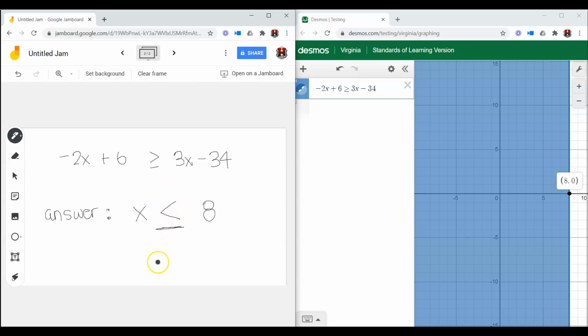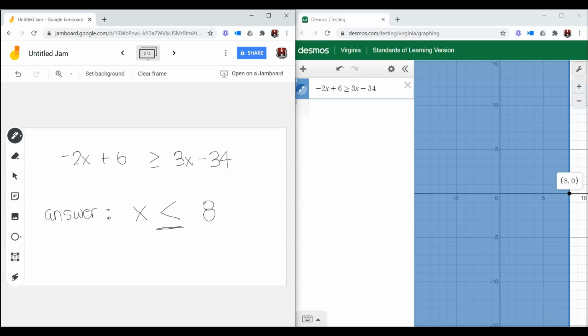So, to emphasize this again, the shading tells me which way this should point. If the shading is going to the left side of the line, this should point left. If the shading is going to the right side of this line, then this symbol should point right. And then to decide whether to underline it or not, I look at the line drawn on the graph.